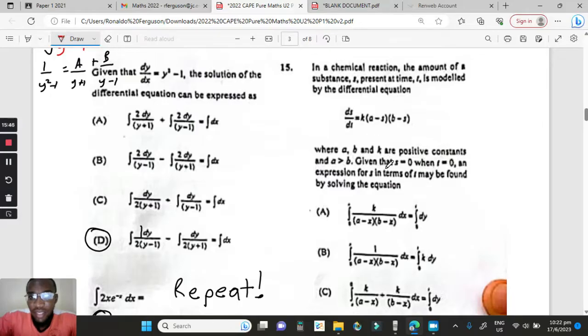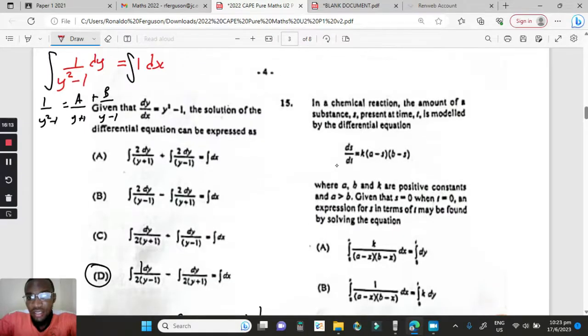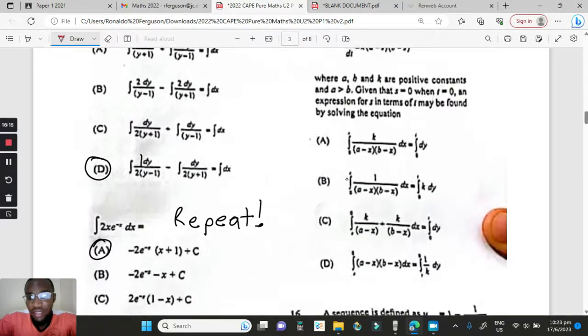Let me read it again, because I see x and y here, but this question has s and t. So in a chemical reaction, the amount of substance S present at time t is modeled by this differential equation. Where A and B are positive and A is greater than 0, given that S is 0 at T equals 0, which of the following?